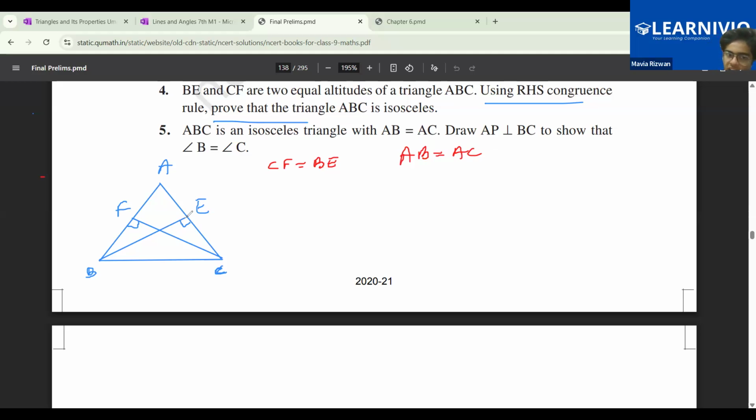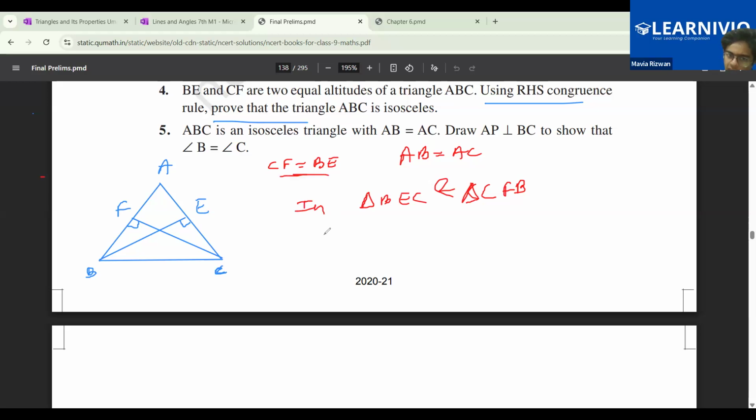We are going to take these two triangles, triangle BEC and triangle CFB. Now in these two triangles, we know BE is equal to CF.